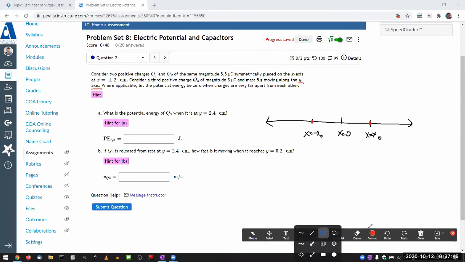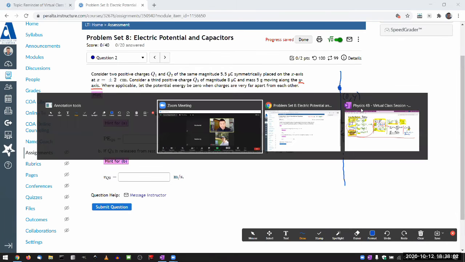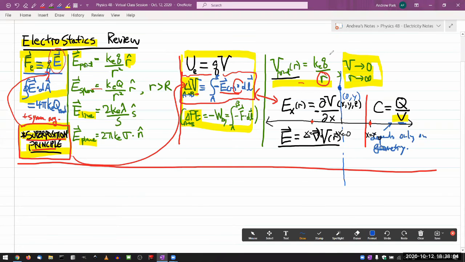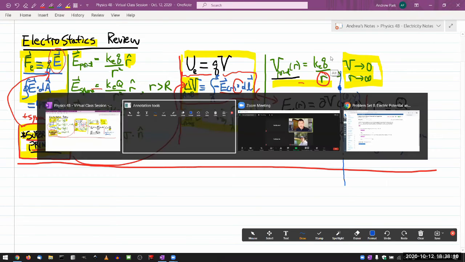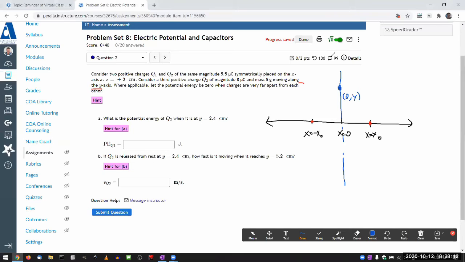So let me set it up that way so that I'm addressing the actual question, not a hypothetical question. Let's say you are looking at a point here, a point that's described by 0, y. Then as you are applying this formula here, what you have to take care is that R means the distance.